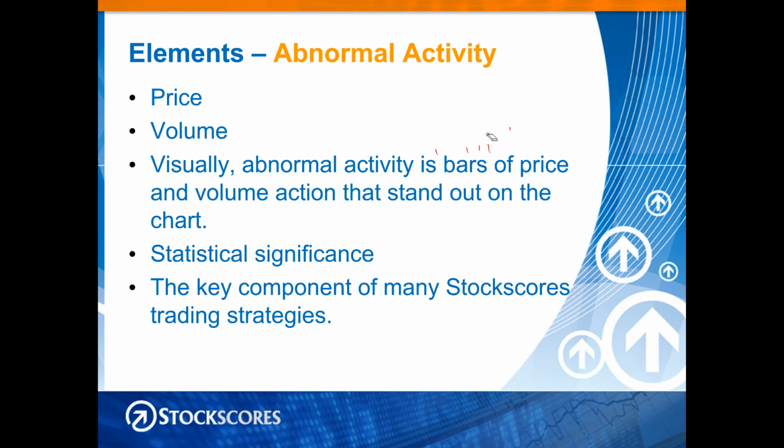At least abnormal price, not always abnormal volume, but almost always there is abnormal price action. It stands to reason because price moves up abnormally when investors are aggressively buying the stock. And investors aggressively buy the stock when they have some new information to justify paying a higher price.